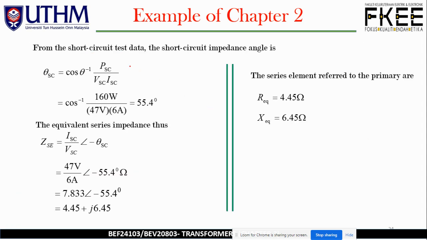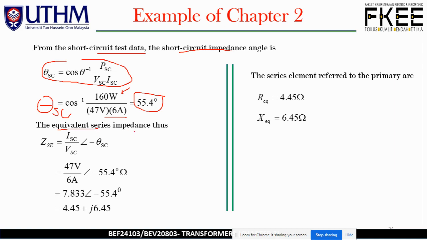So now we use the short circuit data in order to come up with this series impedance. Theta SC equals arccos of PSC over VSC times ISC. So substitute again all the values: 160 for P, 47 volt, 6 ampere, giving the short circuit theta equal to 55.4 degrees.